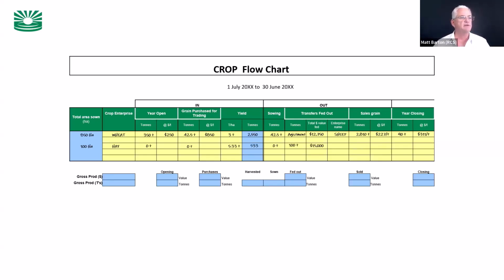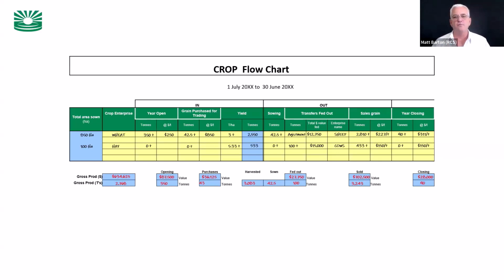So we fed 100 tonne at $15,000 to the cows, and we sold the rest. So we don't have any left. We've got to start taking into account the cost of this fodder that we're keeping for the animals and charging the animals for it, because that's just cross-subsidisation. And then these spreadsheets will give you the gross product that you need for each of the enterprises.